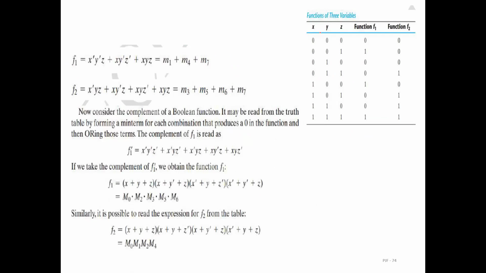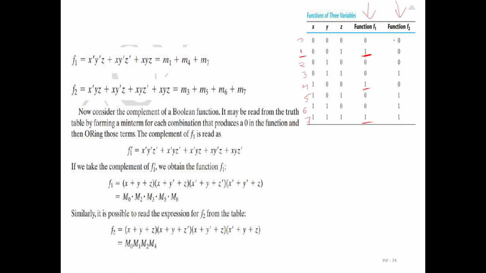Now, consider two functions, f1 and f2, given in the truth table. Function f1 is true wherever you have 1. So you can write f1 equal to 1 for, this is 0, 1, 2, 3, 4, 5, 6, 7.